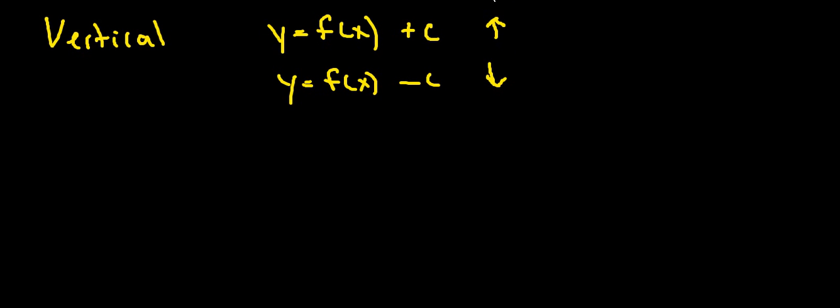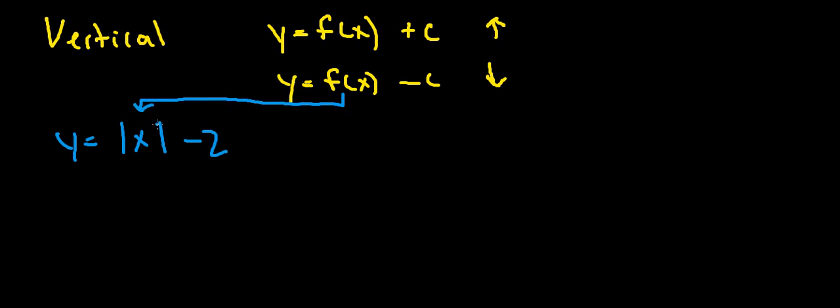So let's do one. Let's say I have y is equal to the absolute value of x minus 2. So here f of x is the absolute value of x, and c, the constant, is minus 2.